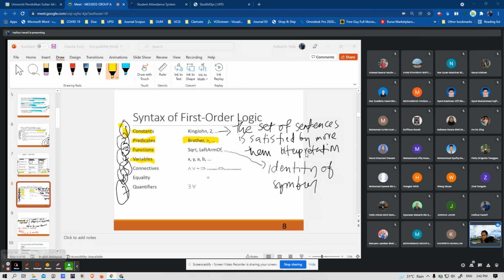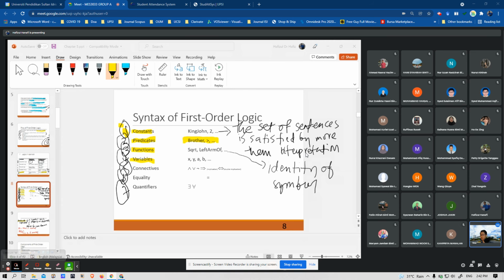And then you have a connective. Connectives are used to combine the atoms into a formula in first order logic. For example, you have implication, double implication, and so on. You have disjunction, you have conjunction.